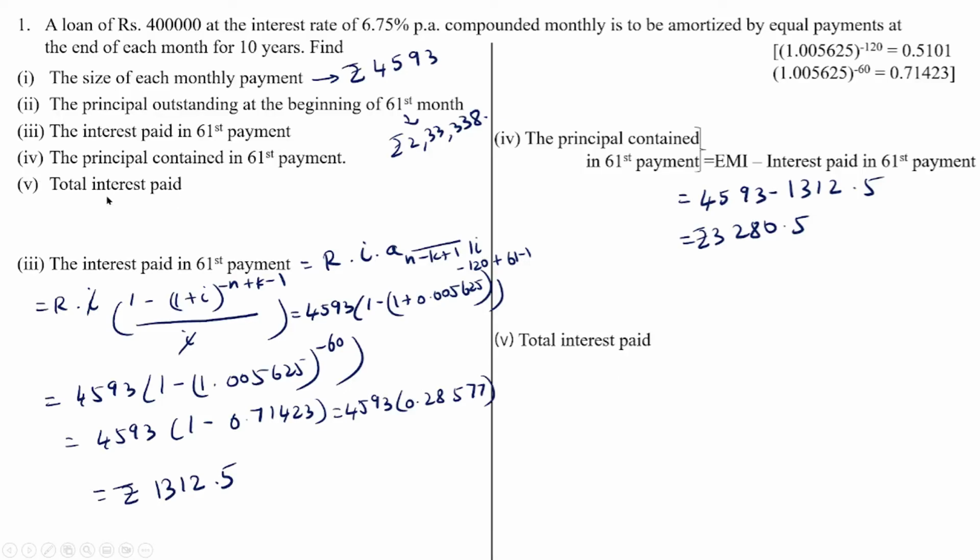And finally, we have the last subdivision, total interest paid. Total interest paid, we know, is N into R minus P. N is 120, R is 4,593, minus P is 4 lakhs.